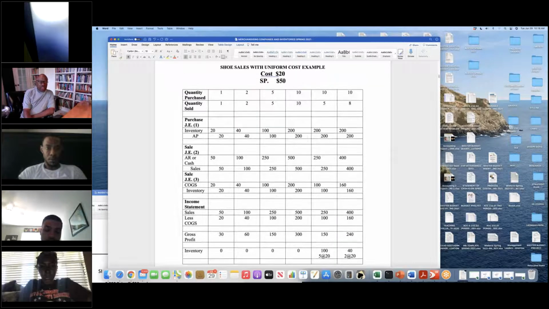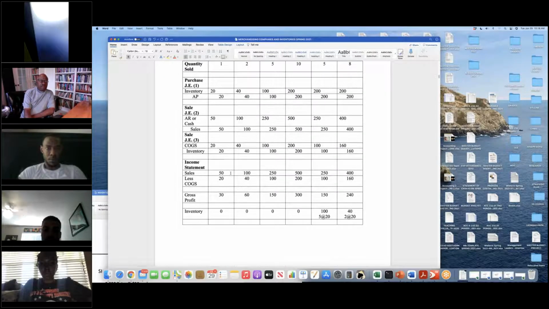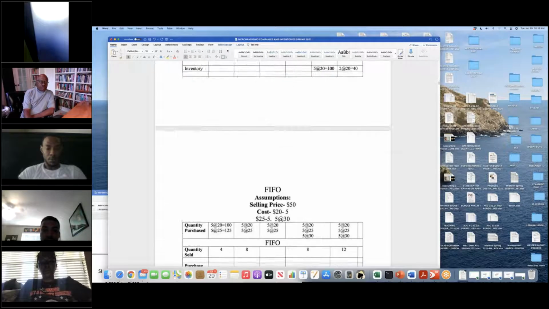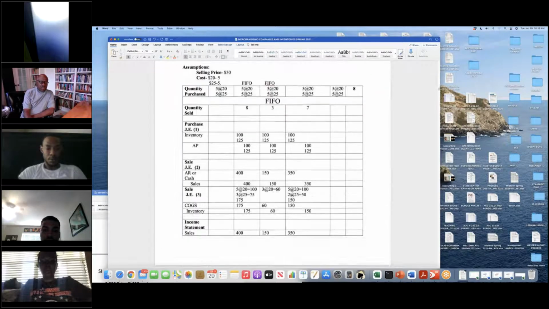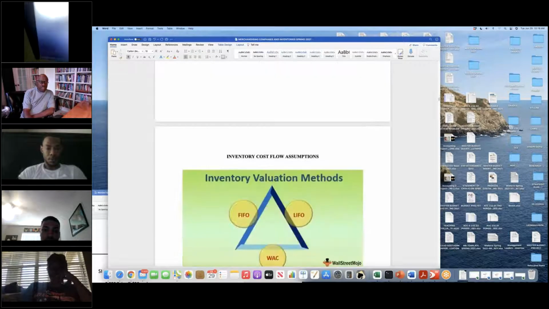And we looked at this example and we said the goal was, if we bought a shoe for $50, what's the cost? Did we make a profit? Selling price less cost gives you gross profit. And that's always our goal.